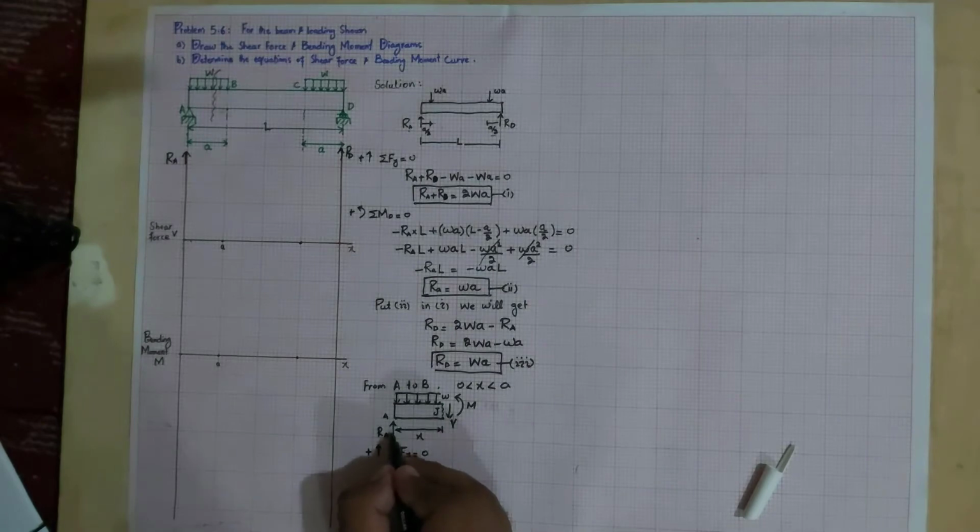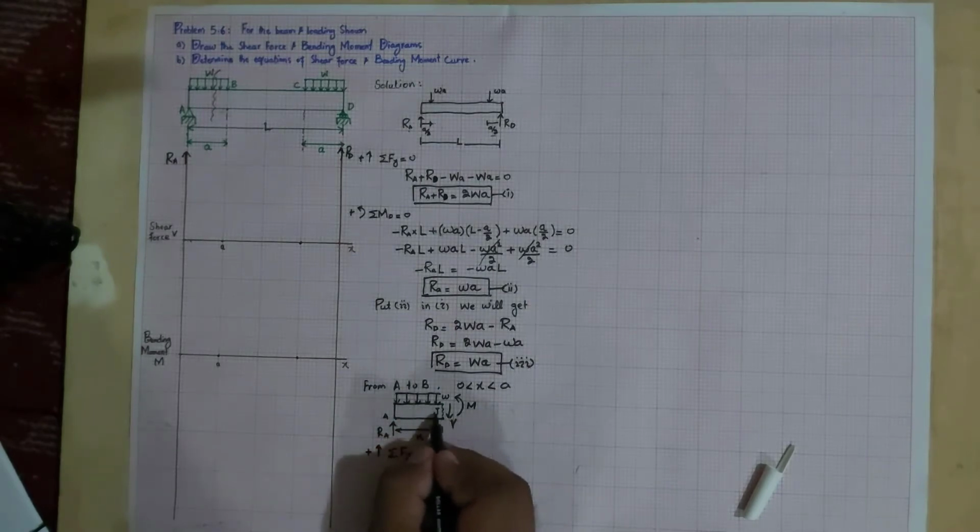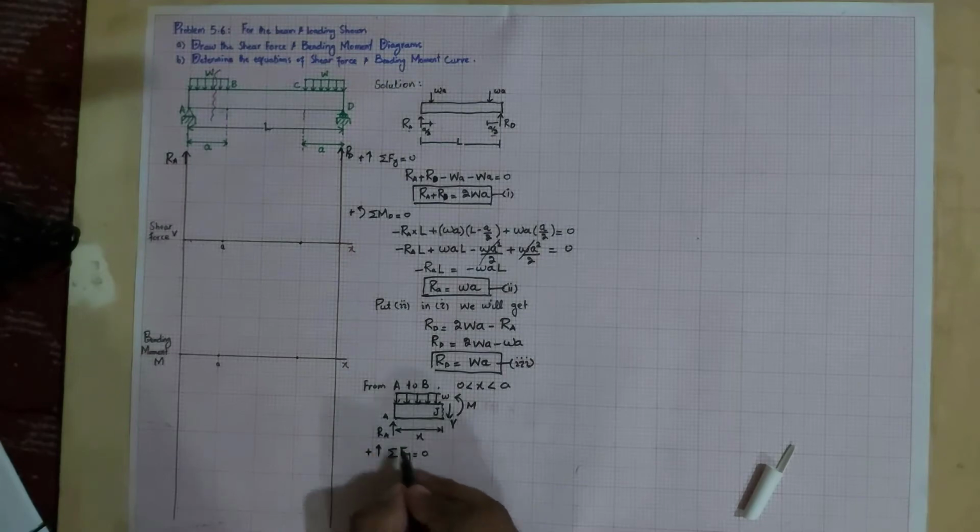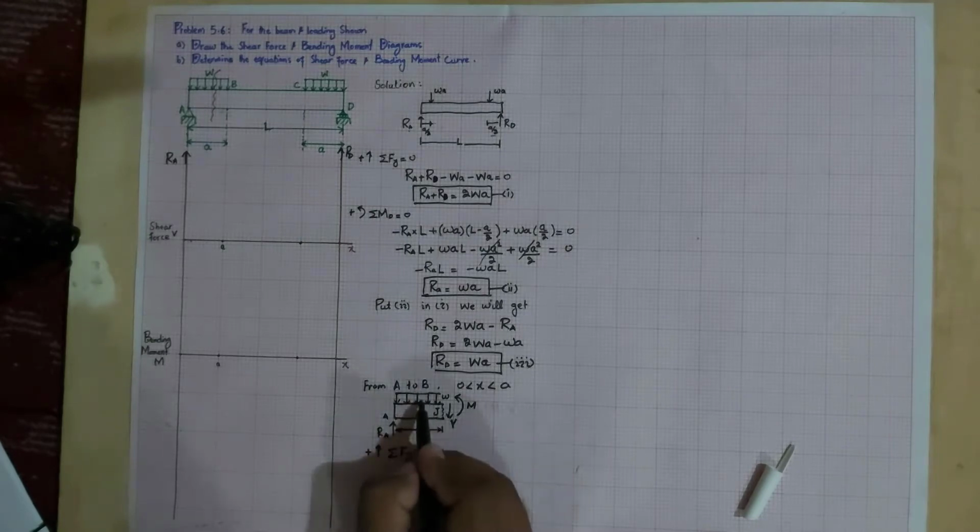Now you can see there are forces acting on this section of the beam. The first one is RA, and RA is equal to WA. So WA minus this W force. And how will we convert this distributed load into concentrated?